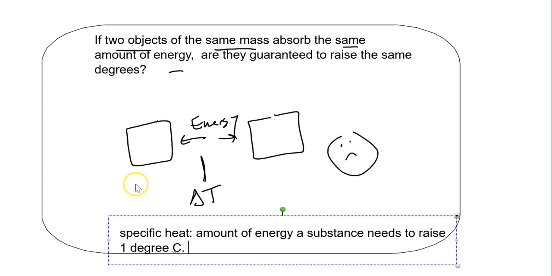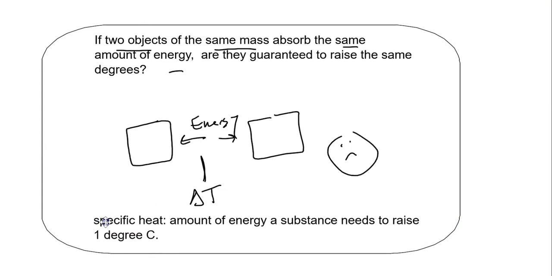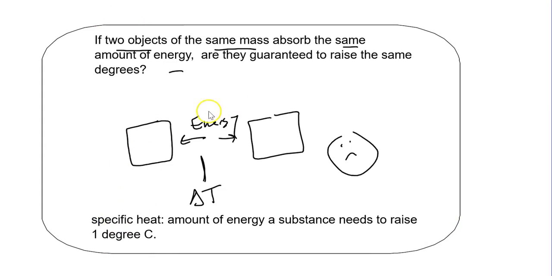So with this idea of specific heat, it's quite possible, maybe even certain, that if we have two substances with the same mass and the same energy, call it Q, our typical symbol for energy, they could have a different change in temperature.